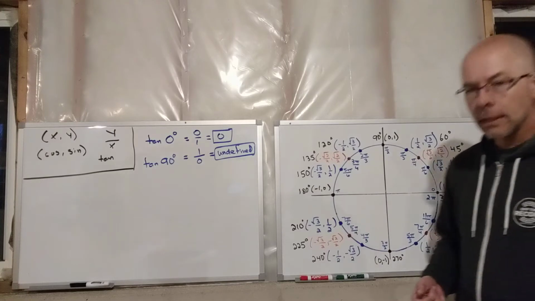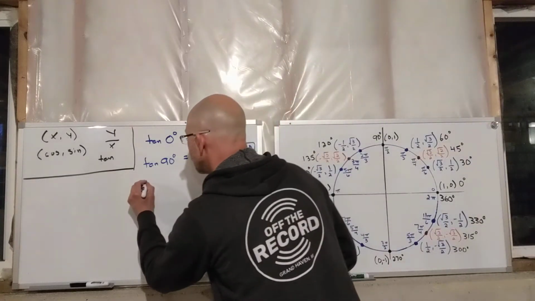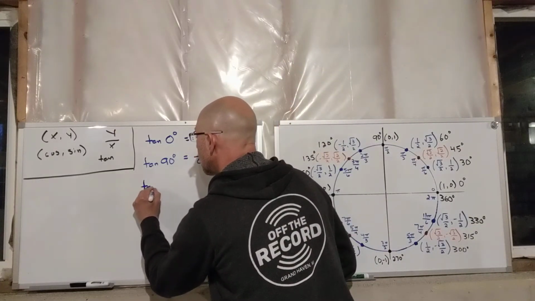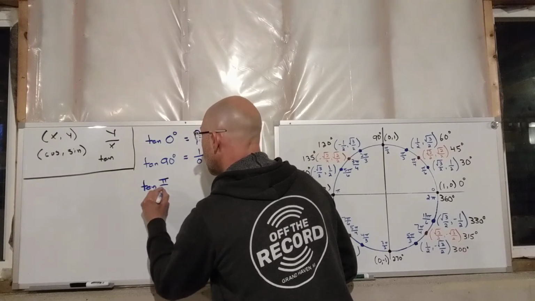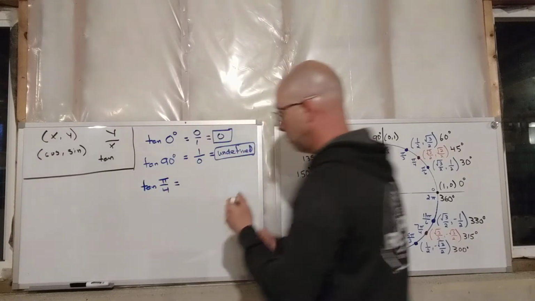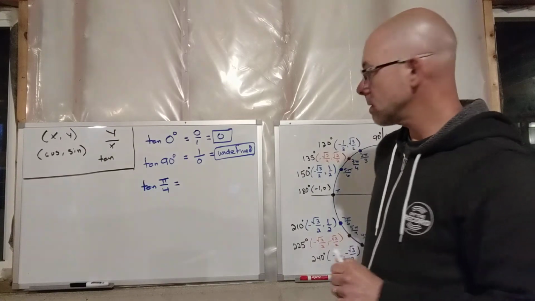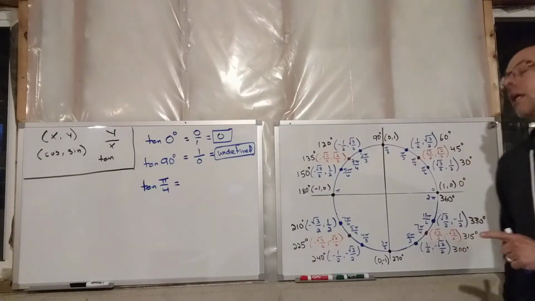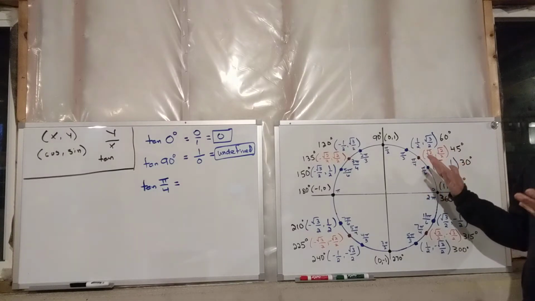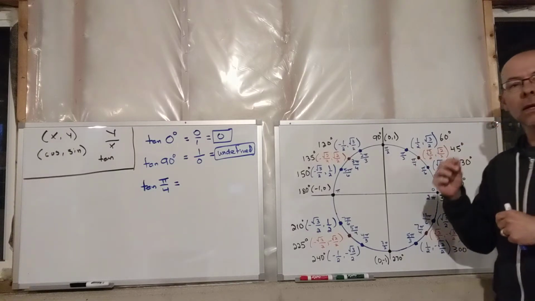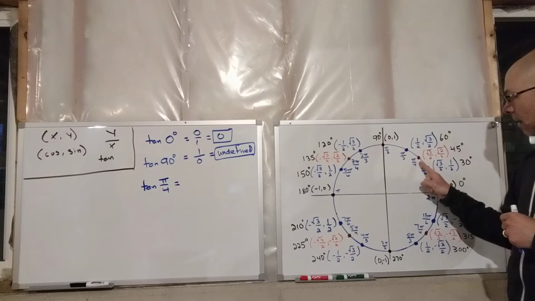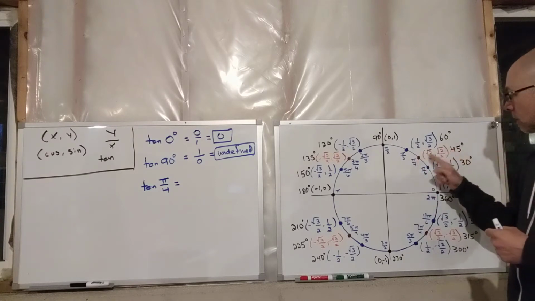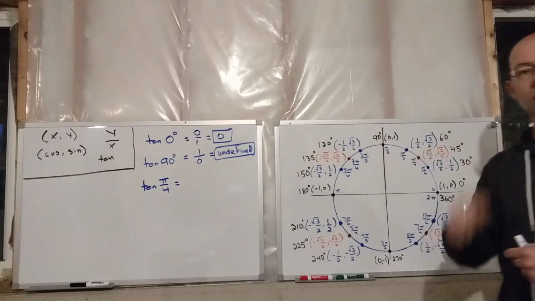Now, some of the nicer ones to ask also, what about the tangent? Let's throw in a radian here. Pi over 4. Now, why is that going to be fairly nice? Look at pi over 4. By the way, pi over 4 is the same as 45 degrees. At pi over 4 or 45 degrees, the two coordinates, x and y, are the same.